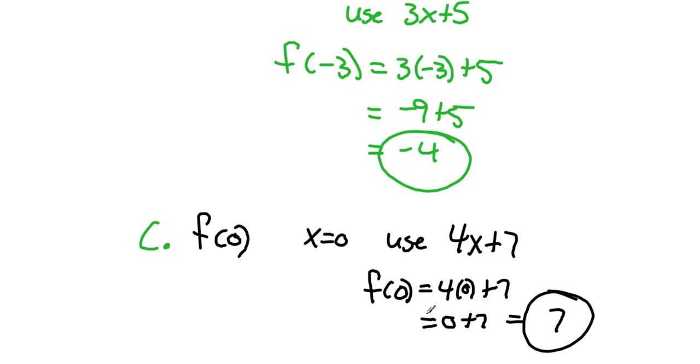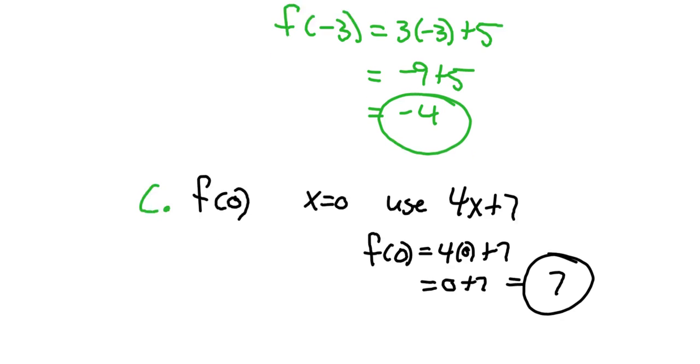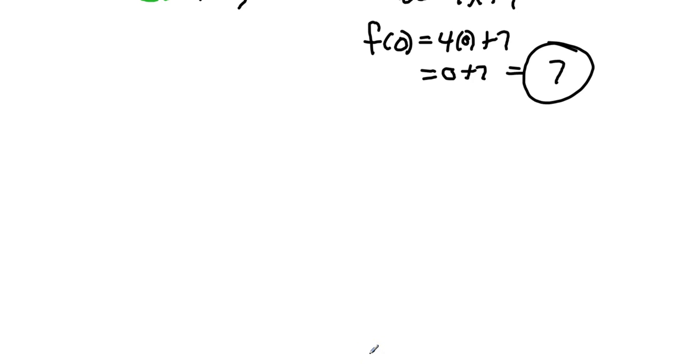Okay, and then the last thing you've got to do, and this is probably the toughest thing in chapter 1, and there's one easy question and one hard question. This is the difference quotient.